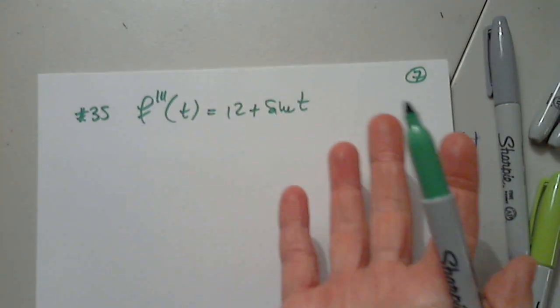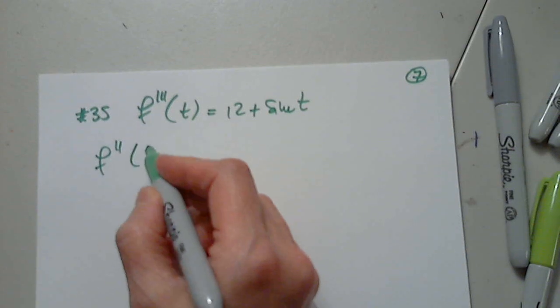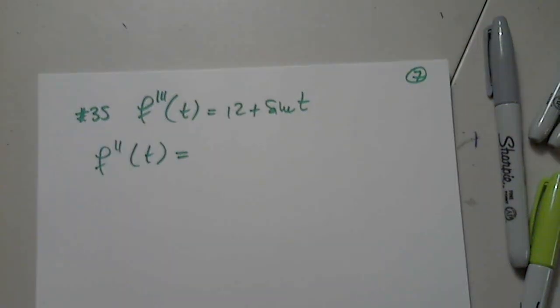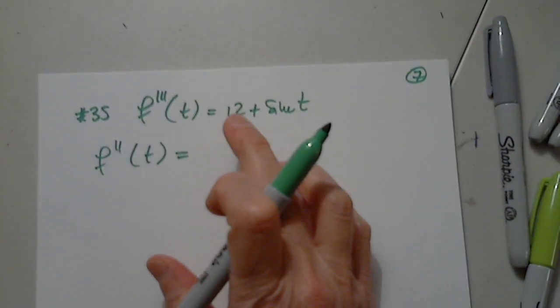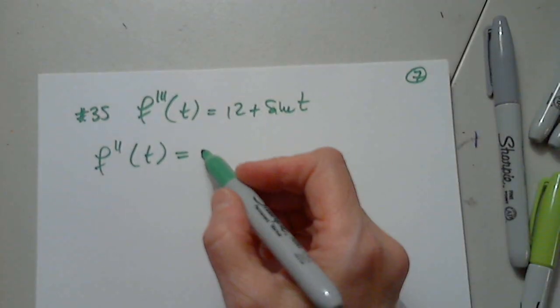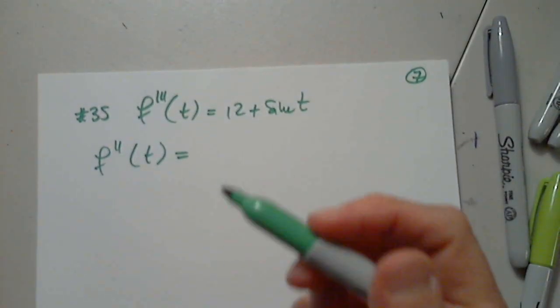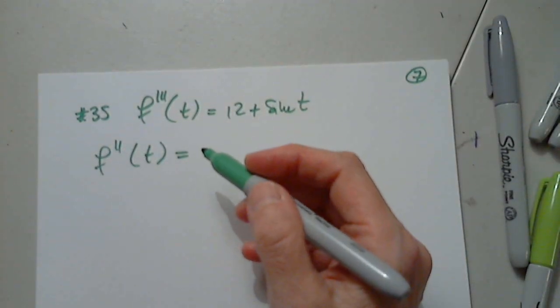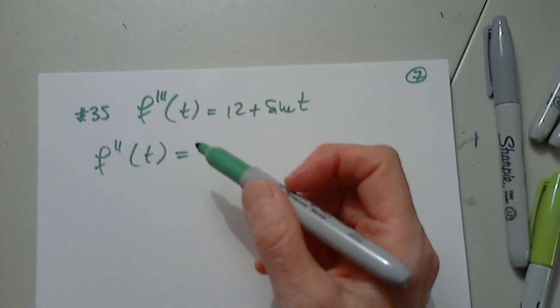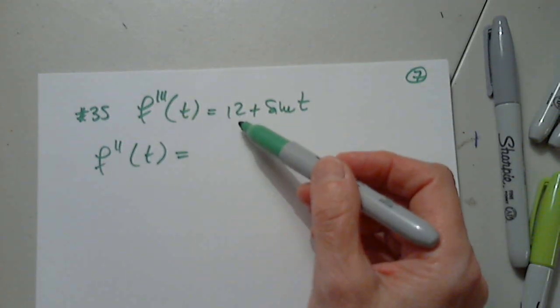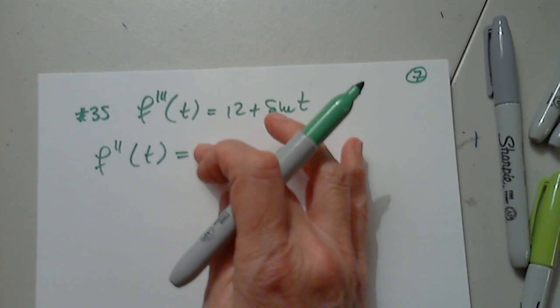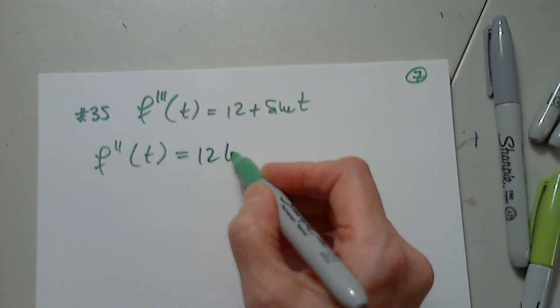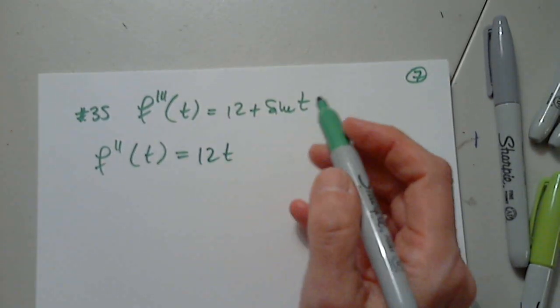From the third derivative, I have to go back step by step to the second one. Which function prime is 12? 12t. Very good. Plus or minus, we'll see.